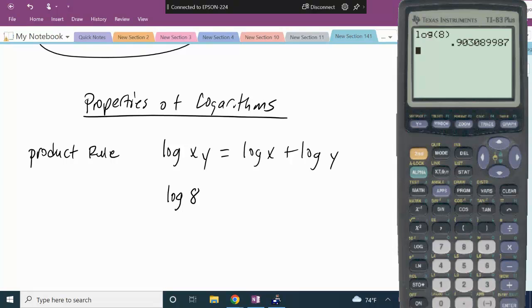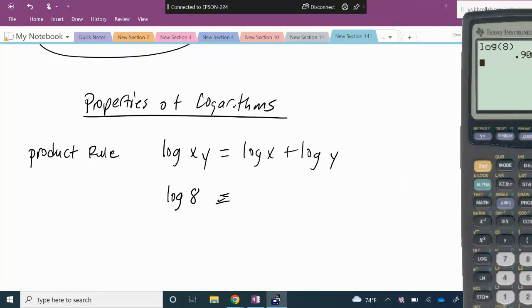The log of 8 is 0.903. If this rule is correct, any two numbers that I can multiply to get 8 in the log, I can add. I can get 8 by 1 times 8 or by 2 times 4, right?